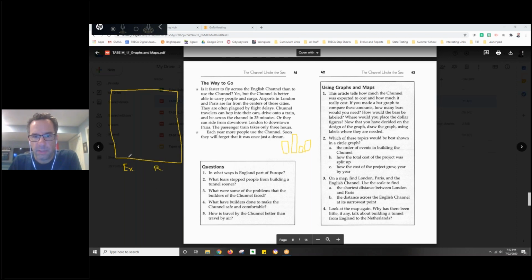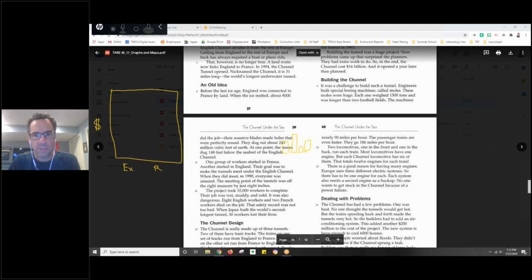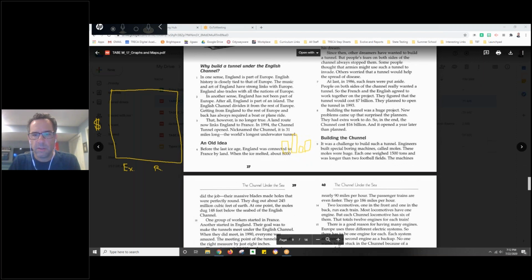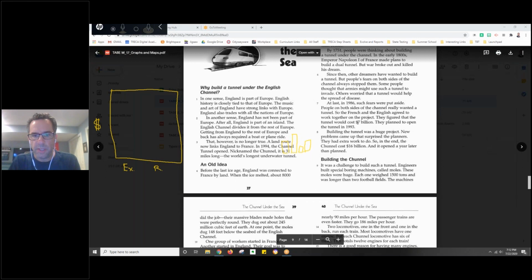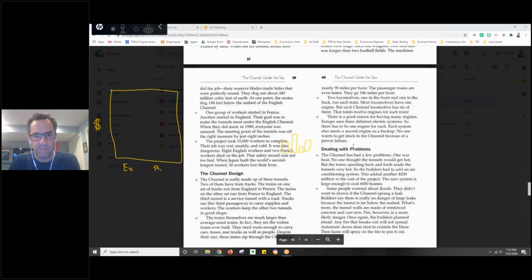Where would you place the dollar figures? You could put it here. This would be the dollar, right? You would ask, what was the cost on the other page? If we go up, the cost was up here, wasn't it? It says it was expected to cost 7 billion and it cost 16 billion.